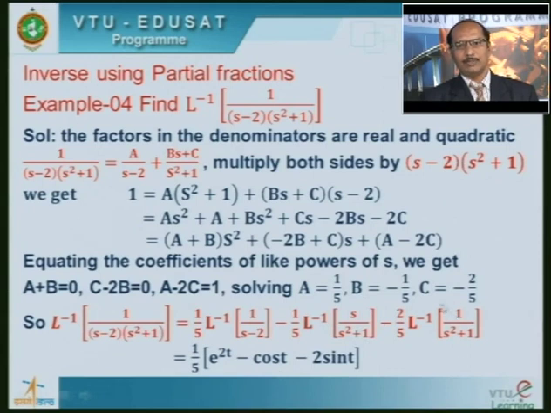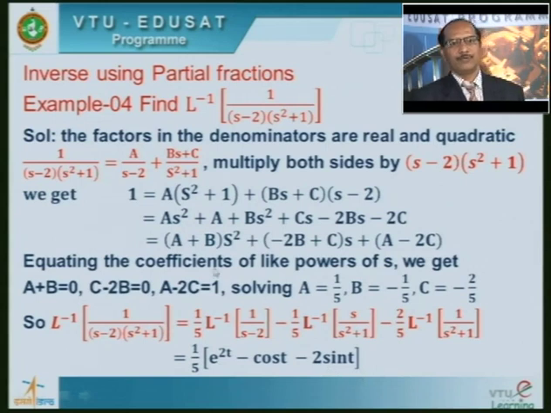This one is again a standard result, Laplace transform of sin t is 1 divided by s square plus 1, so it is sin t. So, 1 by 5 is common throughout the three terms, it is taken outside: 1 by 5 into e raised to 2t, minus cos t, minus 2 times sin t.